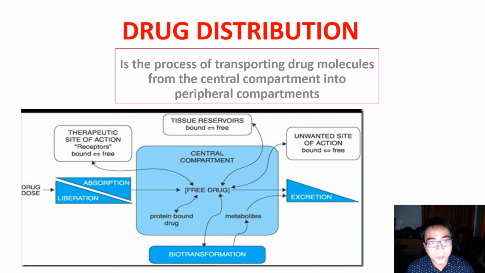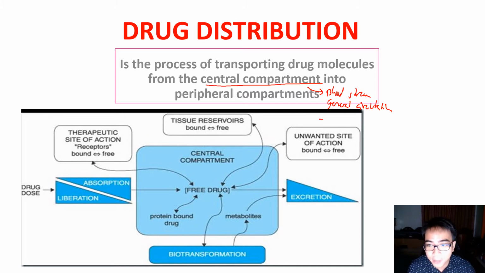Drug distribution, class, is the process of transporting drug molecules from the central compartment into the peripheral compartments. If you can remember, class, when we talk about the central compartment, we're specifically talking about the bloodstream, or the general circulation. But basically, we're actually talking about not just simply the blood.